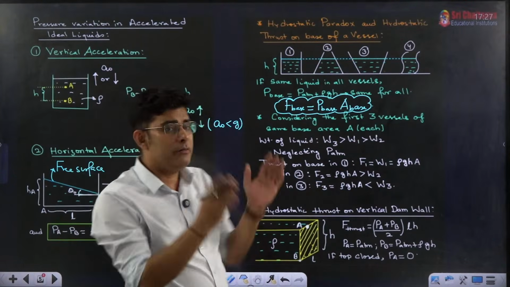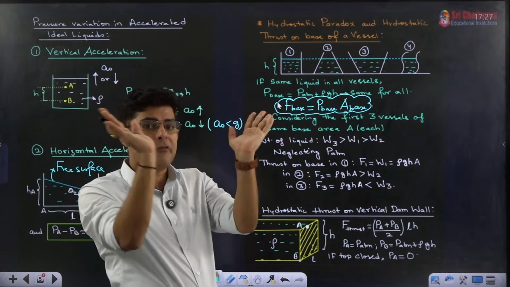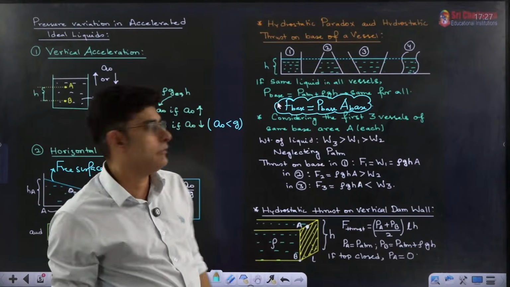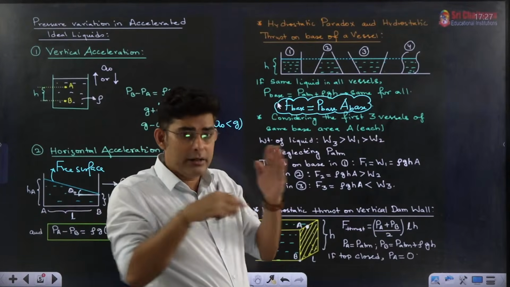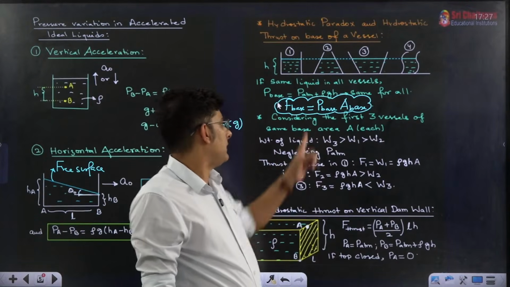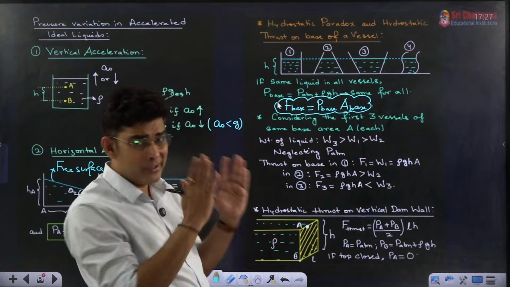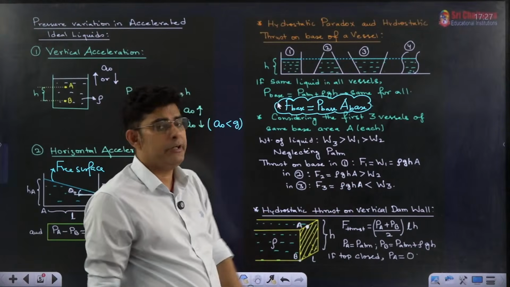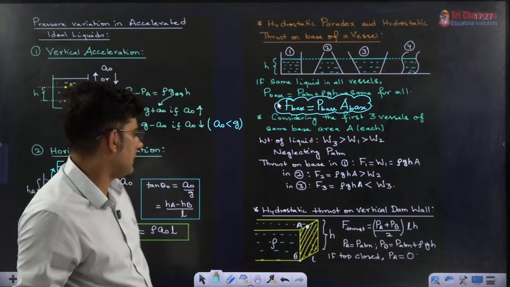So when we have a vessel opening like this, lower cross section narrow, upper wide, in that case the force on the base will be less than the weight of the liquid. If the upper cross section is narrow and the base is wider, in that case more force will be on the base compared to the weight of the liquid. And if you have vertical walls, then whatever is the force on the base, the same will be the weight of the liquid. Clear? We are neglecting atmosphere in such cases.